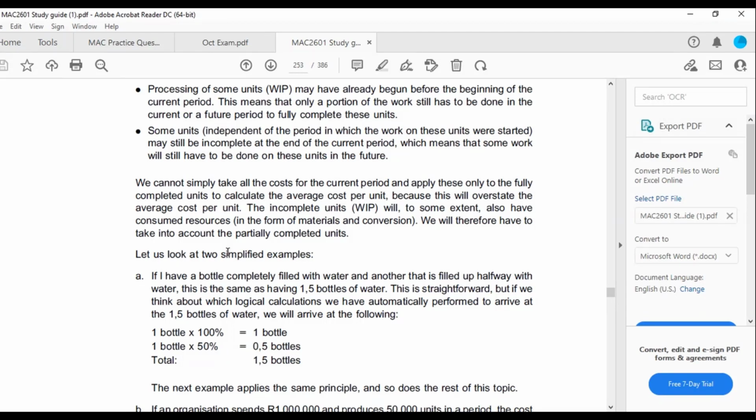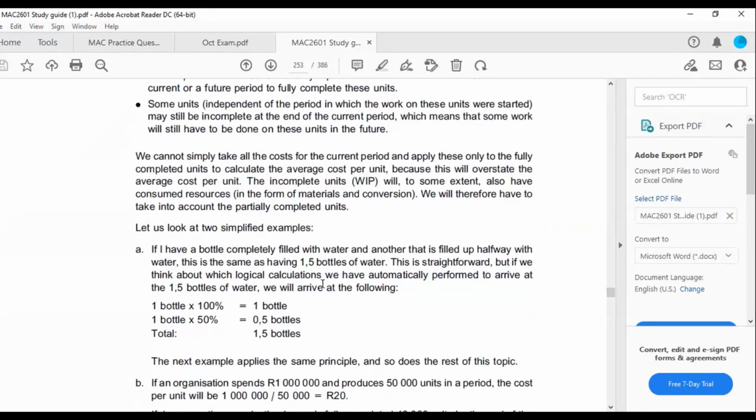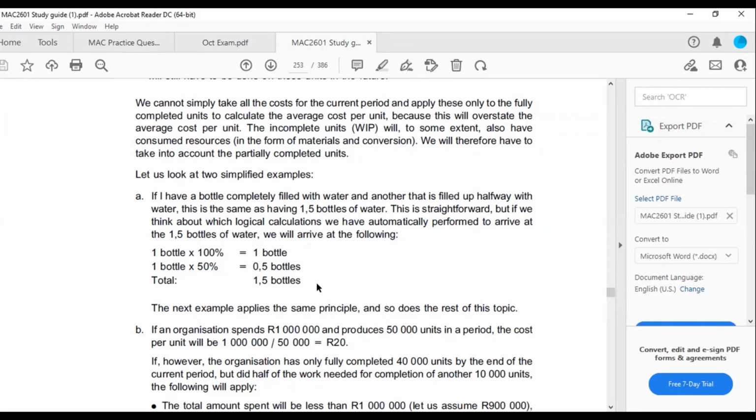So only a portion of that work still needs to be done for either the current period or a future period. At the end, some units might not be complete at the end of the current period. They still need to go through further work in the next process.